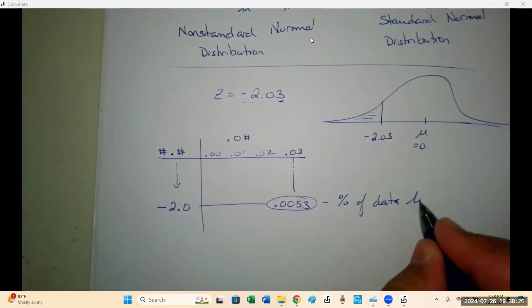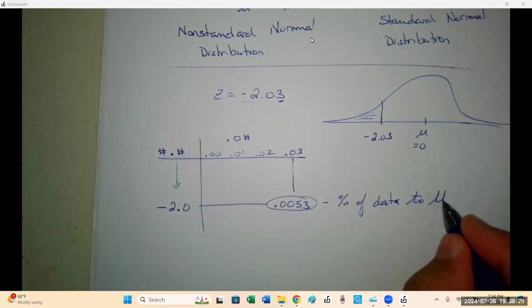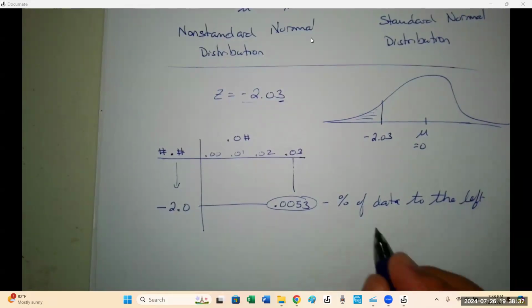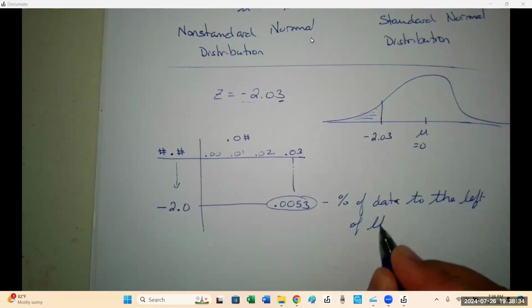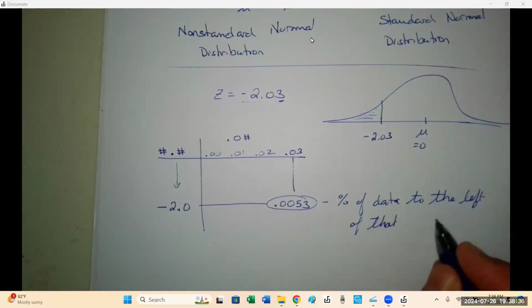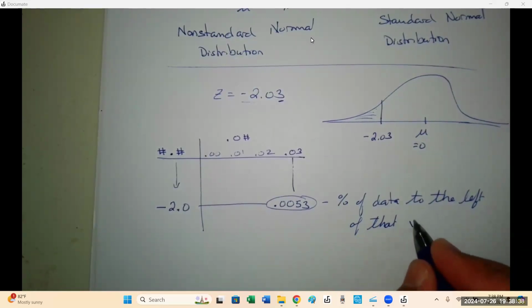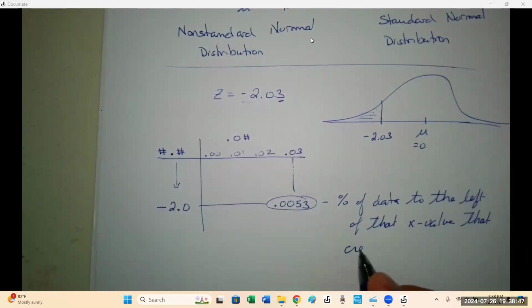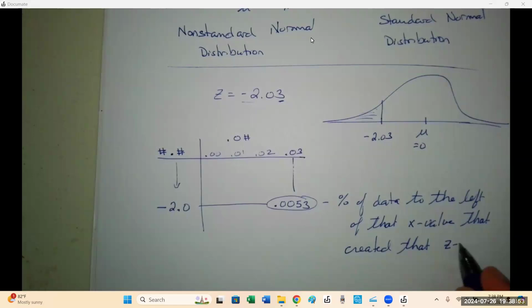that gives us the percent of data to the left of that x value or z-score that created that specific z-score.